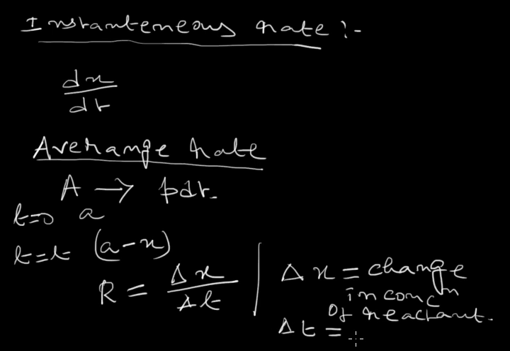Delta t is the time required to change the concentration of the reactant by delta x amount. That is, delta t is equal to time. So, the reaction is carried out for a certain period of time, that is delta t, and the change in concentration of the reactant is delta x. Then average rate of the reaction is delta x divided by delta t. This is all about rate of a chemical reaction.